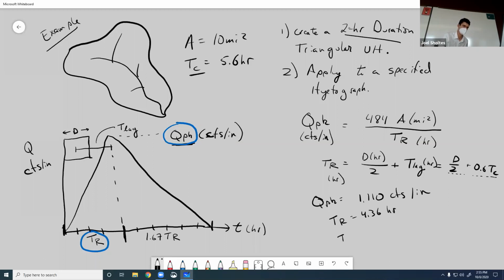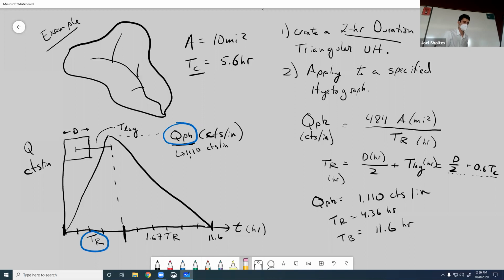And then the base time is equal to 11.6. So if we want to put some units on here, this is 11.6 hours. And then this is 1010 CFS per inch. So that's our unit hydrograph.